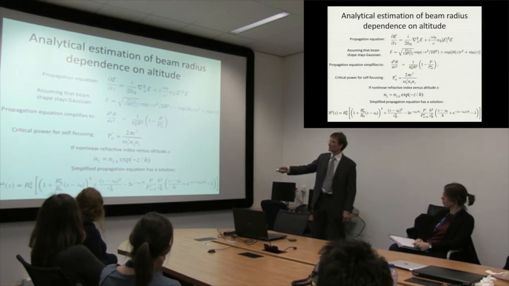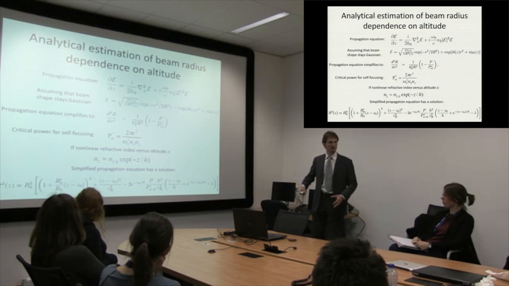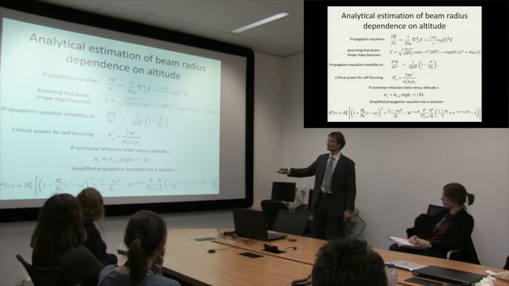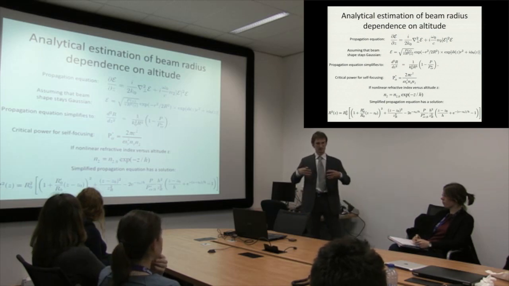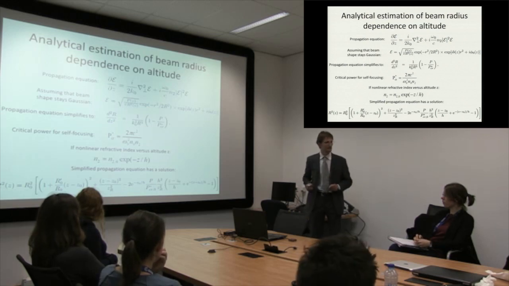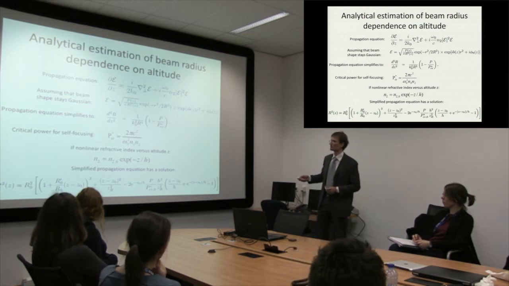And as I said, there is a critical power for self-focusing. So there is some threshold. If we reach this critical power, the beam will focus itself. If you do not reach this power, the beam will defocus. So it does not have a nonlinear effect in the simplest means.